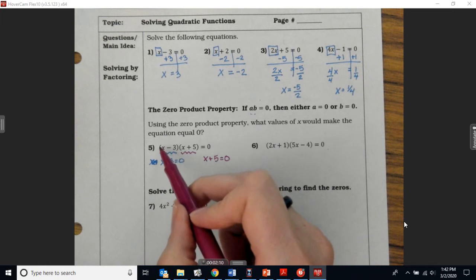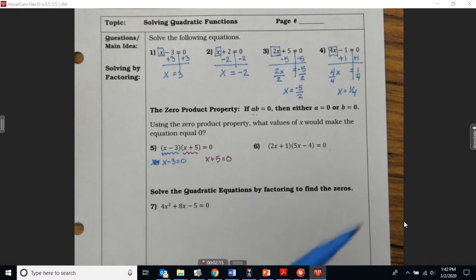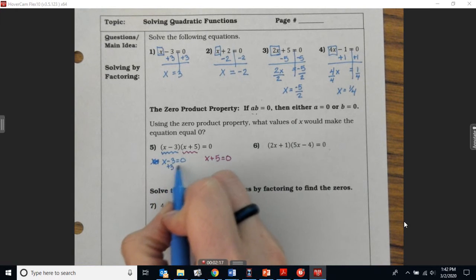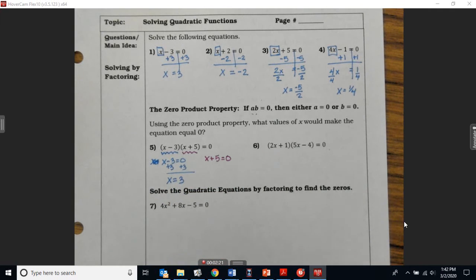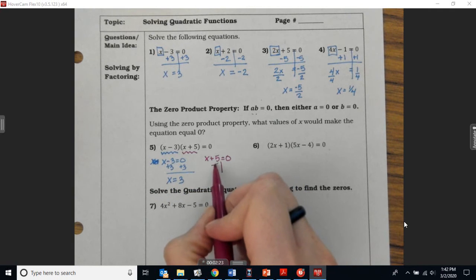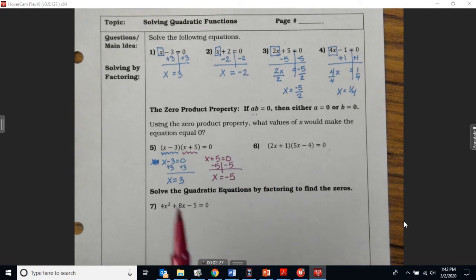And so to figure out what number would make this equal 0, we just solve it. So x minus 3, we add 3 to both sides, and I get x equals 3. And here we subtract 5 on both sides, and I get x equals negative 5.